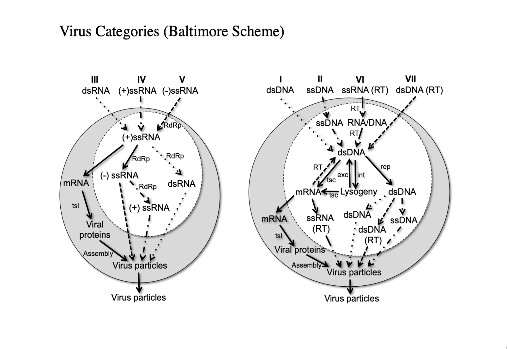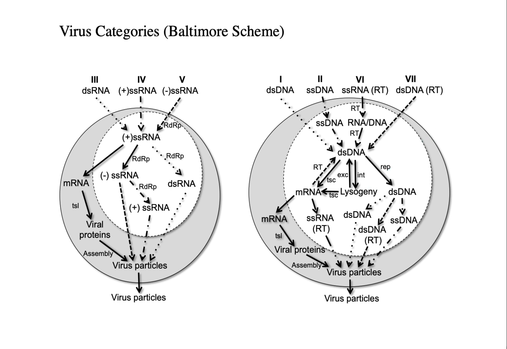In the case of Category 1 and Category 2, they have either double-stranded DNA or single-stranded DNA, and they're similar to those in bacteria, where the single-stranded or double-stranded DNA is used to make an mRNA, or they are integrated into the chromosome and become a lysogen, to be excised at a later point in time.